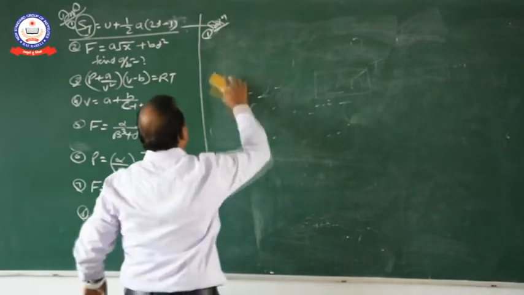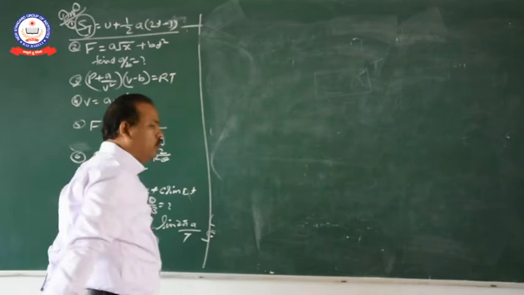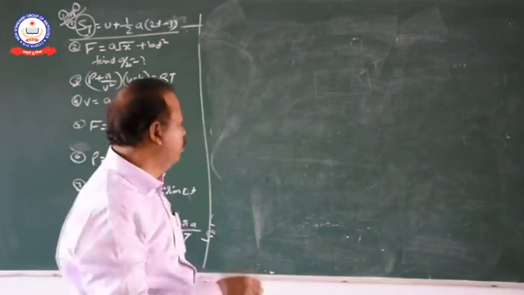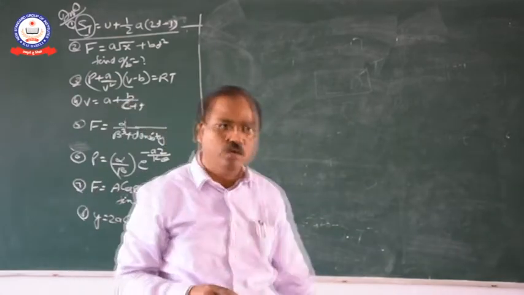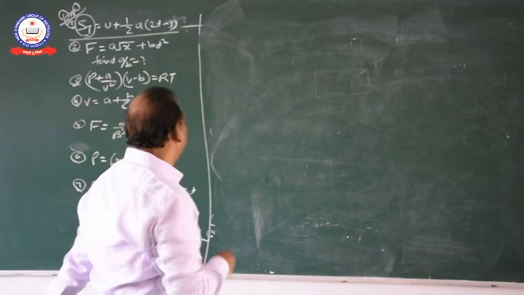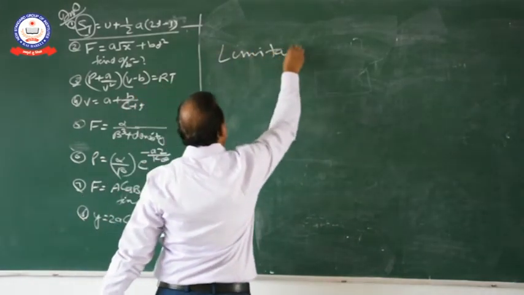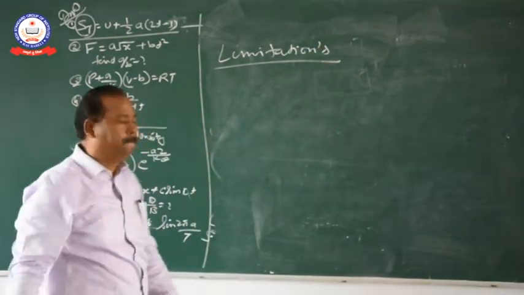This is the example of checking correctness by using dimensional analysis. Here are the limitations of dimensional analysis.